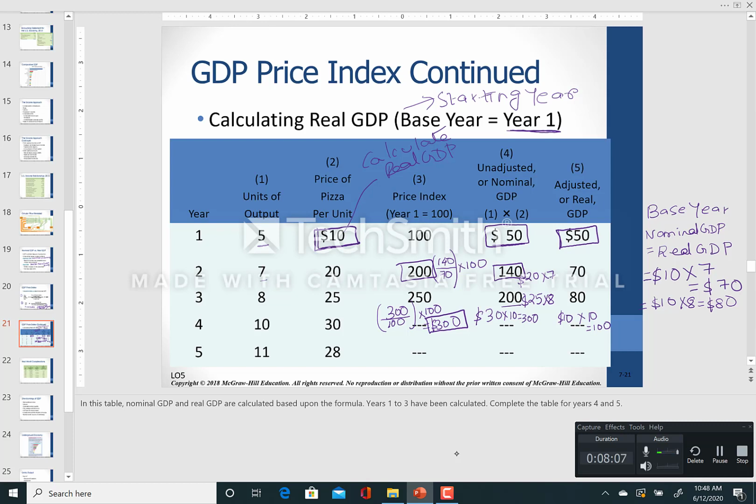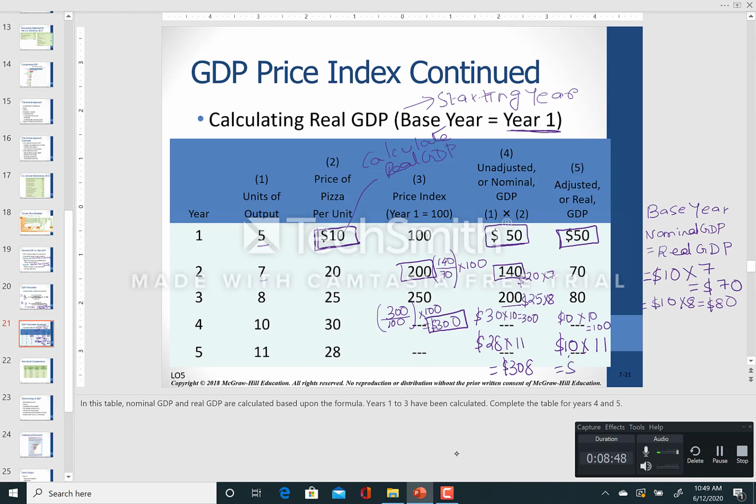This one's gonna be 28 times 11. So out with our calculators right now. Right, so I'm gonna just say this one's 28 times 11. That turns out to be 308. And this one's gonna be equal to 10 times 11.